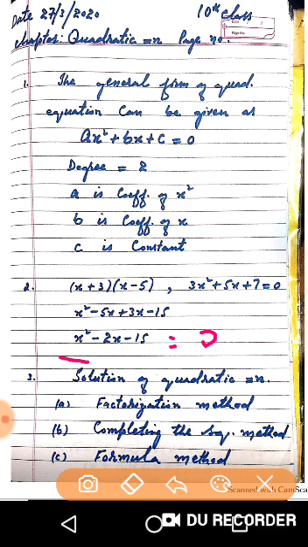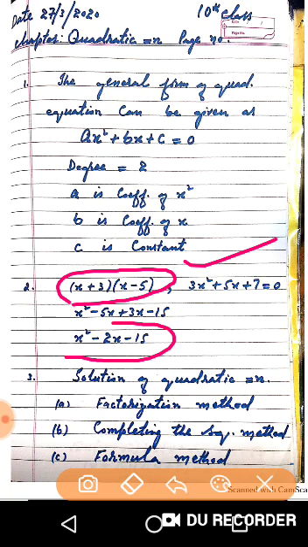There are certain questions in the exercise where such type of questions will be given, and they will ask you to check whether this is a quadratic equation or not. You will use the similar method there to simplify them first and see whether you are getting 2 as the highest power at the end.